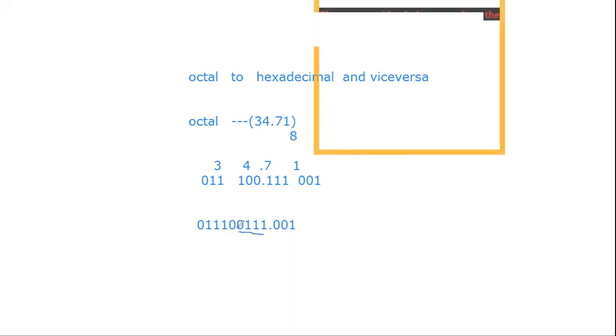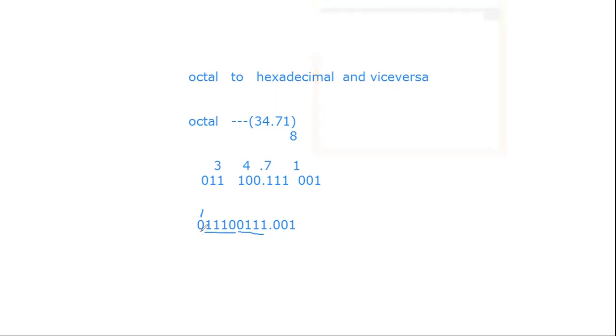So group 4 bits: 1 1 1 0 is one group. Next, 0 1 1 1 is one group. What is remaining here? 0. So that will be left. Suppose we want to group 4 bits; here we add 3 zeros.